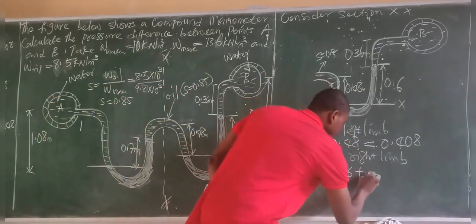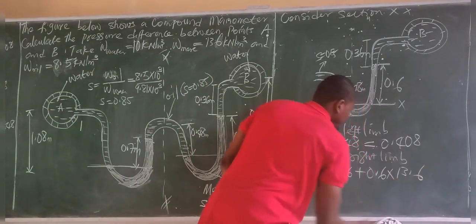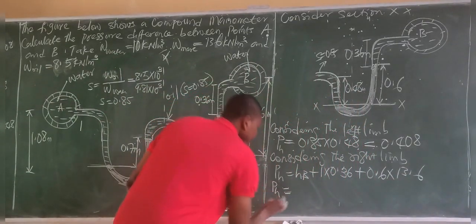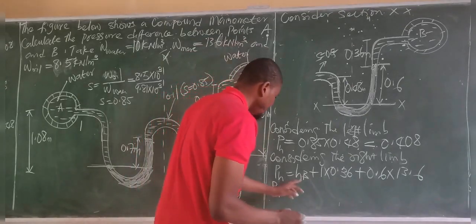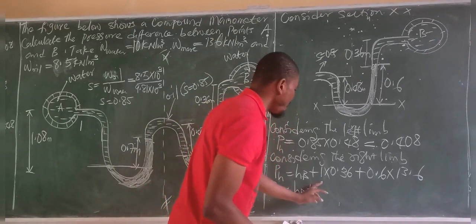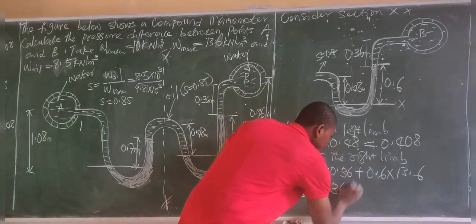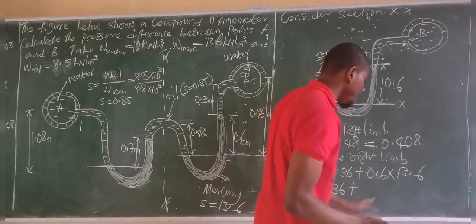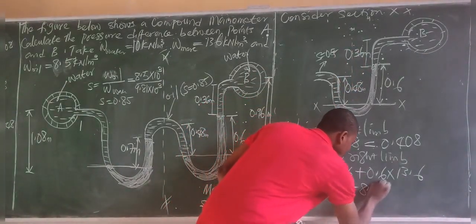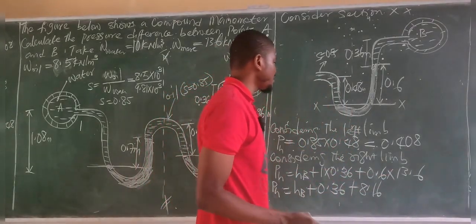Therefore, its pressure head becomes 0.6 times 13.6. So we have that the total pressure head on the right limb becomes the pressure head of pipe B, which is HB, plus 1 times 0.36, which remains 0.36, plus 0.6 times 13.6. That gives us 8.16. So this becomes the total pressure head at the right limb.